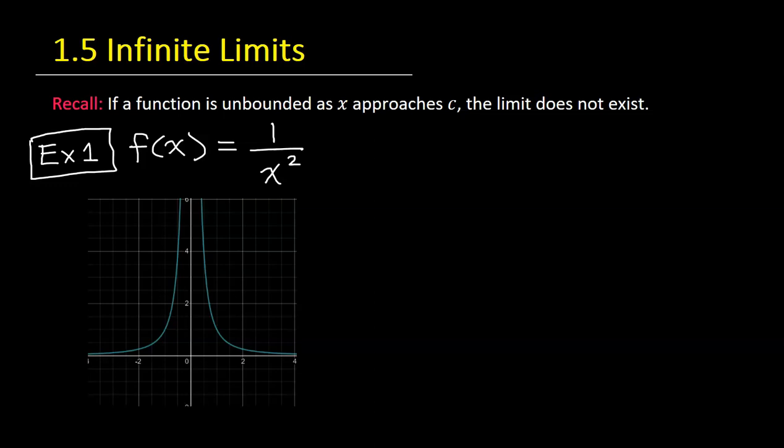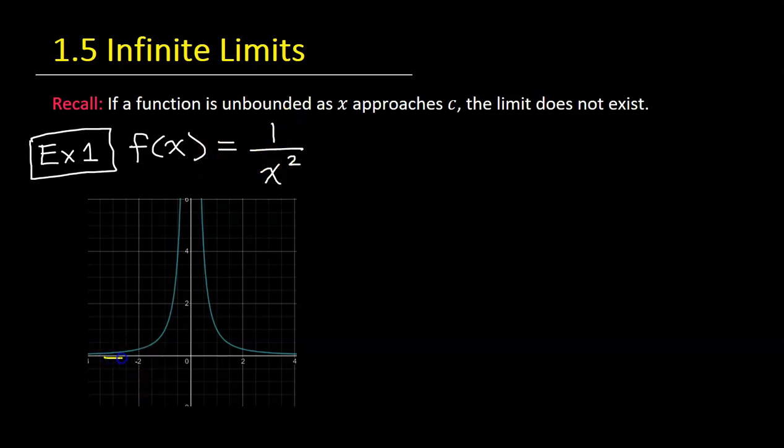This video is about infinite limits, but first of all, please don't get confused. Remember that if a function is unbounded as x approaches c, the limit does not exist. So that is not changing. Look at the graph of the function f of x equals 1 over x squared.